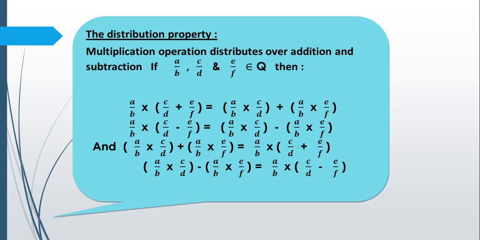Or in subtraction operation, a over b times (c over d minus e over f) equals a over b times c over d minus a over b times e over f, and the inverse.